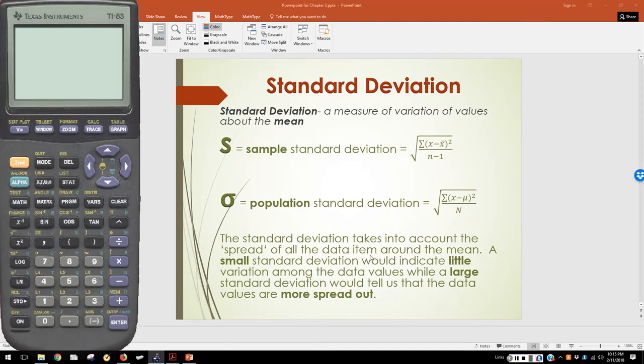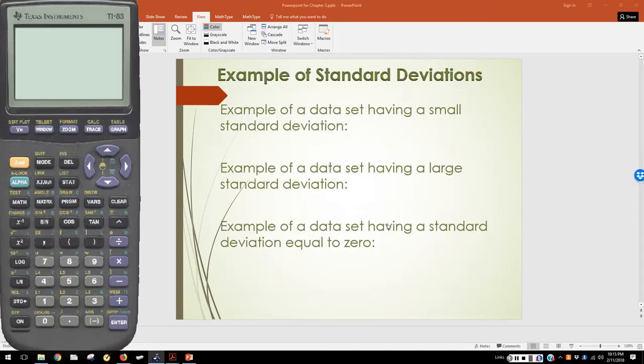The standard deviation basically takes into account the spread of all the data around the mean. A small standard deviation indicates little variation, and a large standard deviation tells us the data values are more spread out. For example, a data set having a small standard deviation might be the amount of money that a student spends on average every day if they eat lunch every day at Subway.